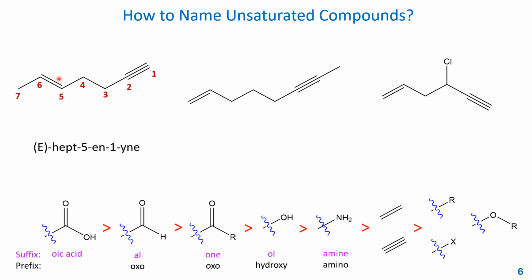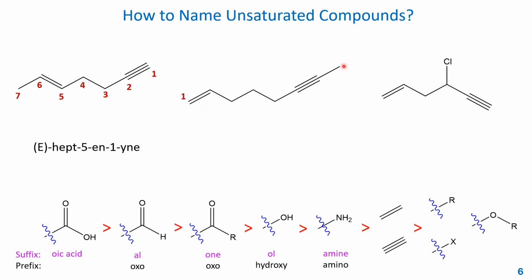So whenever you have a double bond and a triple bond in the same compound, we call this an alkyne. Okay, but the 2 functional groups, double bond and triple bond, basically have the same priority, but we always call this an alkyne. Okay. Second example, we will number this as 1 because it will give the double bond the lowest number.